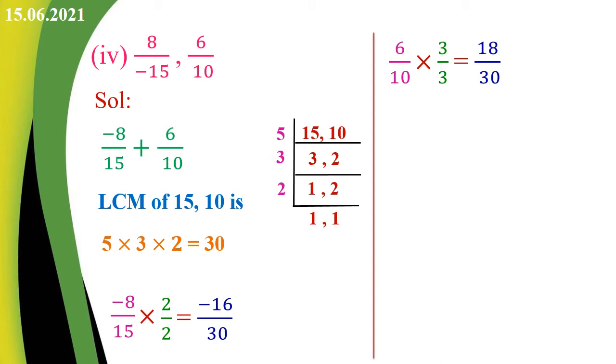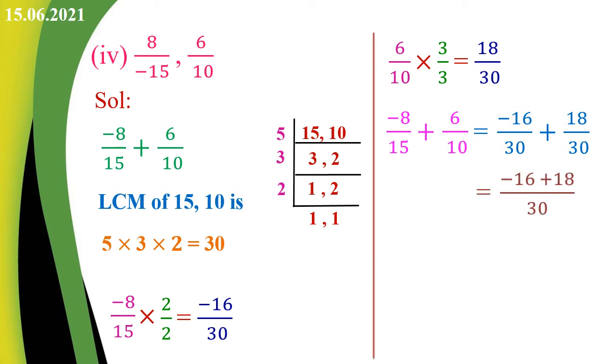We get 18 by 30. Now substitute the values and we can add. Minus 8 by 15 plus 6 by 10 is equal to minus 16 by 30 plus 18 by 30. The expression is minus 16 plus 18 by 30. Take 30 as common.